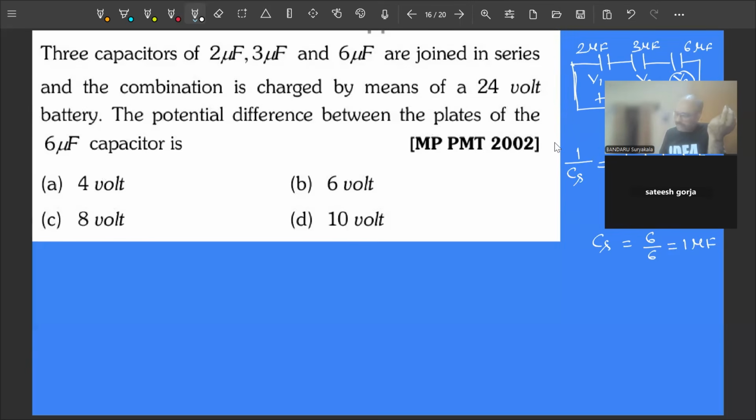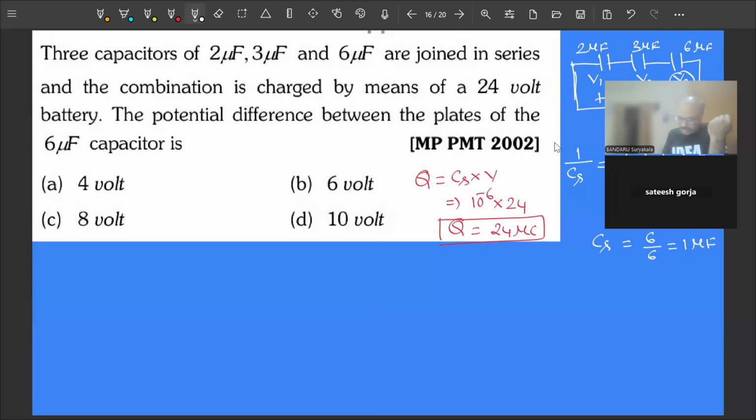When connecting in series, we know charge is the same. Charge Q equals CS into V. CS value is 1 microfarad, which means 10 power minus 6, and voltage is 24. So the total charge is 24 microcoulomb. Means if you take any capacitor, it holds 24 microcoulomb charge.